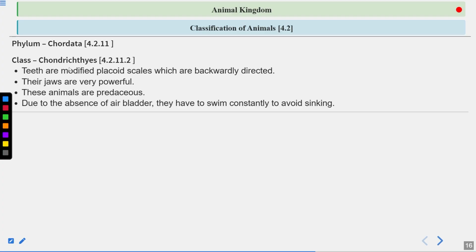An air bladder provides buoyancy, and the fishes could stay at the surface of the water without any swimming. But here they do not have any air bladder, and that is why they have to swim constantly. If they do not swim, they can sink, right?